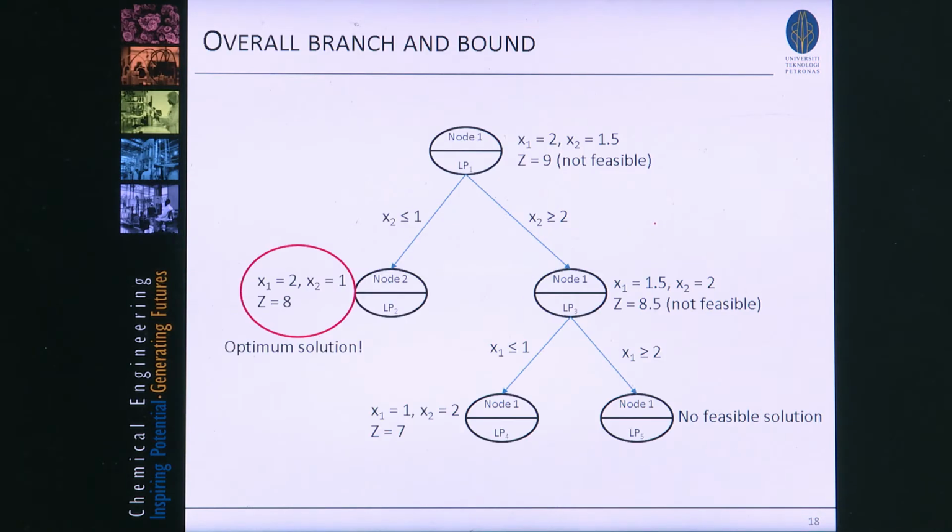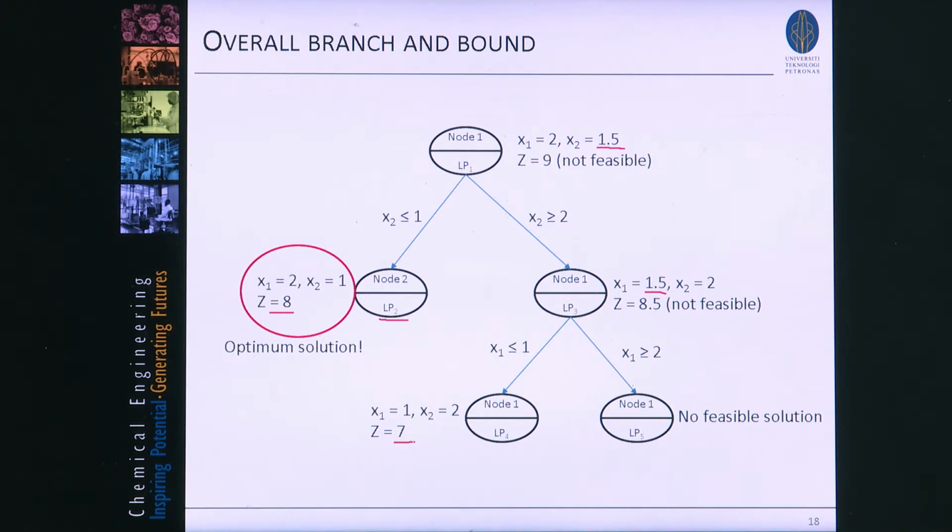If we put them all in this branch and bound figure, the first one is the first linear programming problem, node 1. We have z equals 9, but x2 is not feasible, so we split x2 into 1 and 2. We have LP2, where z equals 8, and for the other one, x1 is not feasible, so we split it again.